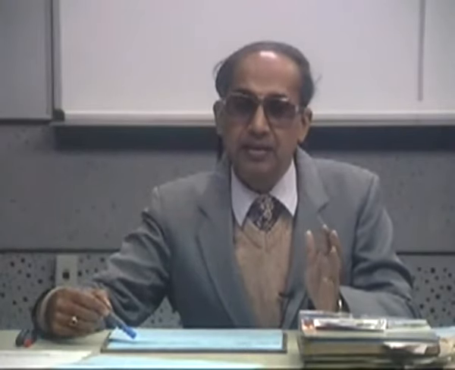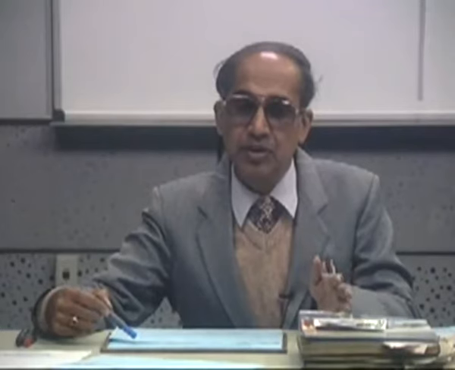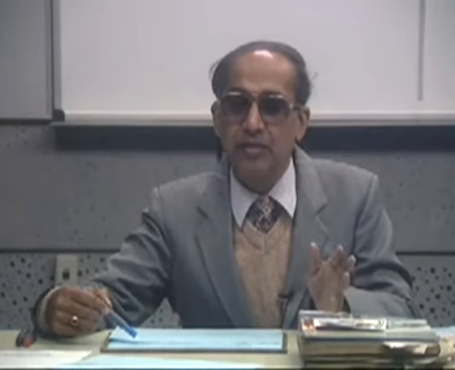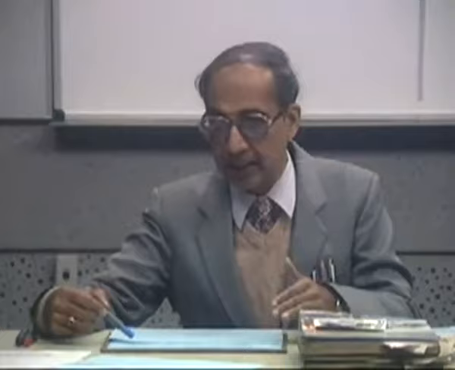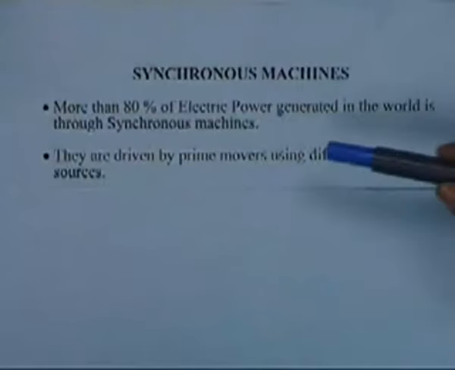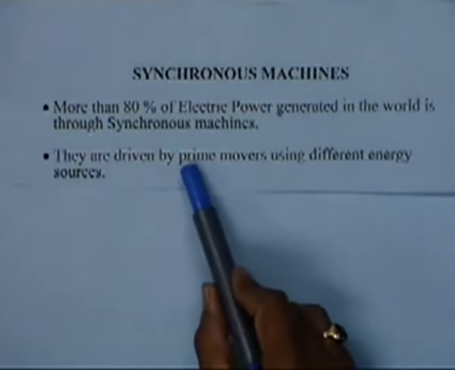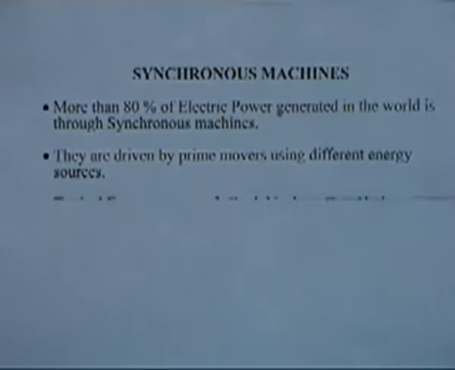Basically, the primary naturally available energy sources are fed into a prime mover to produce some motion, and that motion is transferred to the synchronous generator, which will convert that motion or mechanical energy into electrical energy. Okay, and the ones which drive them are called the prime movers.